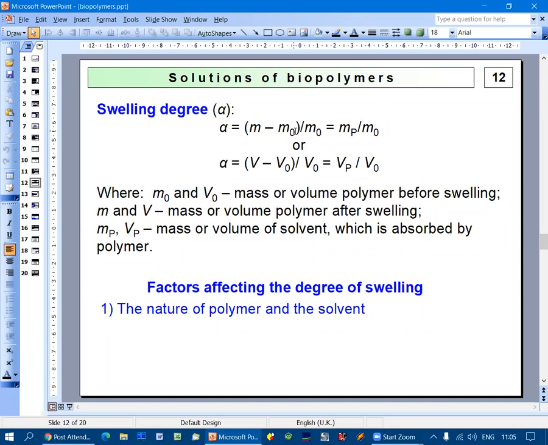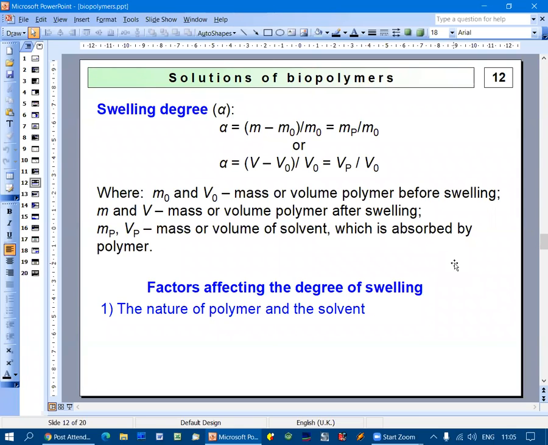So for polymers with polar functional groups, like proteins, for example, the degree of swelling in water will be high. But if you put the sample of protein into benzene, of course the degree of swelling will be lower. But the resin will swell in benzene, but not in water.